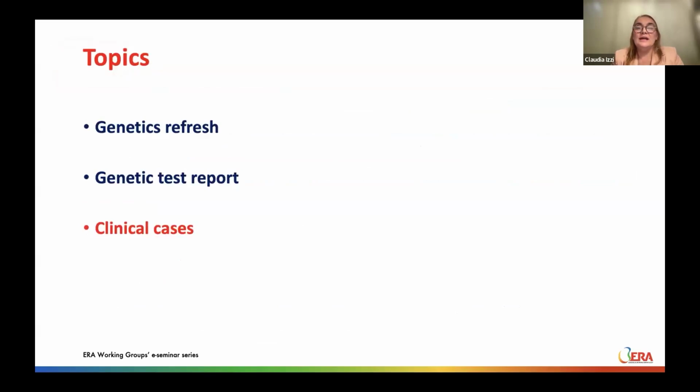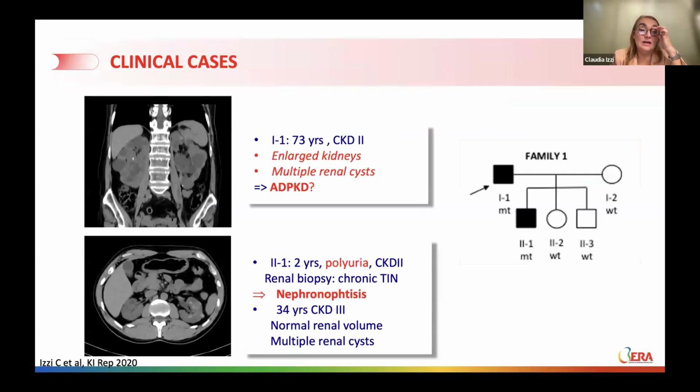So looking at a clinical case, I show here an example of a patient. Here we have a father and a son. The father had a clinical picture of ADPKD. We can see here enlarged kidneys with multiple cysts, and we thought of ADPKD.